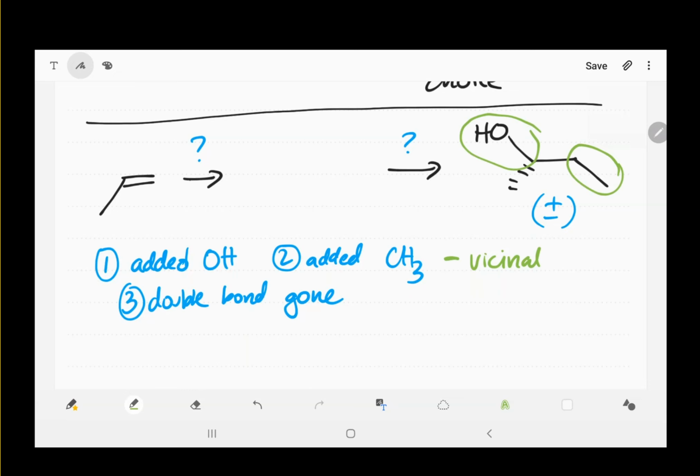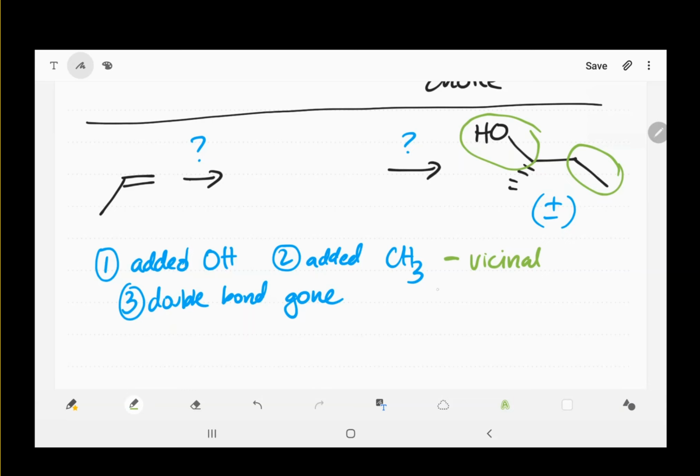So this oxygen, I'm sorry, they're two carbons away. They're on adjacent carbons. So the carbon that the hydroxy is on is adjacent to the carbon that the methyl is on. So we have vicinal things. That's going to be your hint that somewhere in this kind of reaction scheme we had an epoxide.